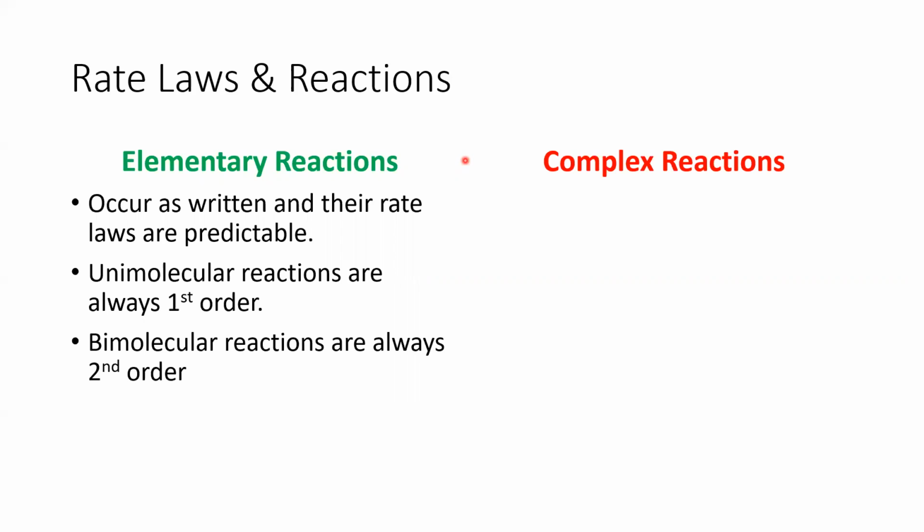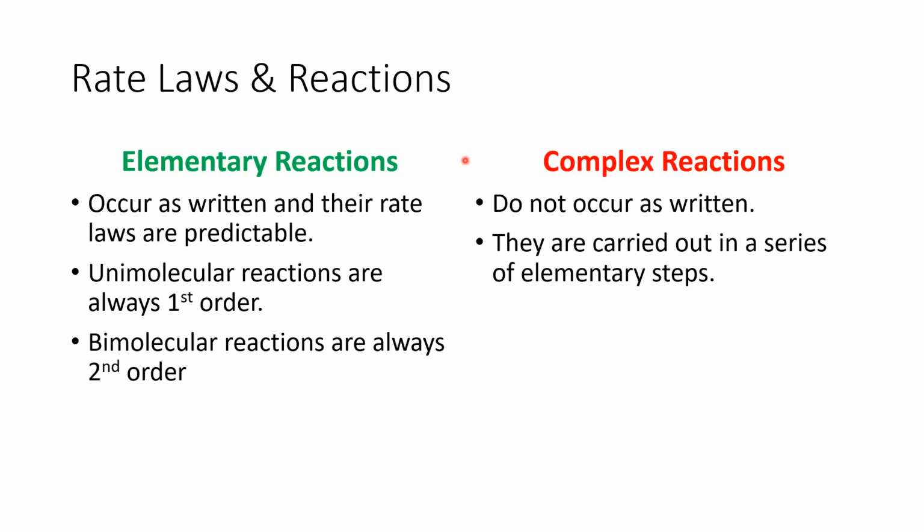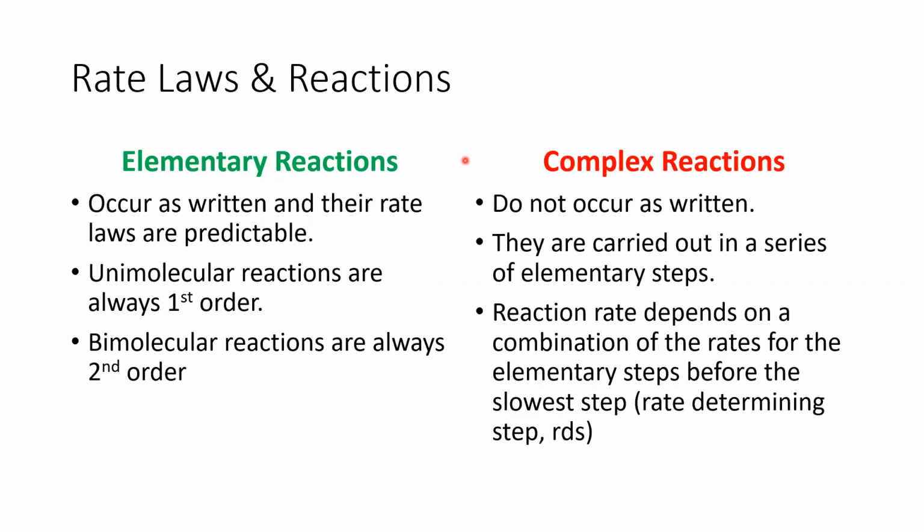Even though we write down an overall reaction, the reaction actually takes place in a series of steps. It has a reaction mechanism. So they don't occur as written. They're essentially written as a summary of the steps in the mechanism. So they're carried out in a series of elementary steps.